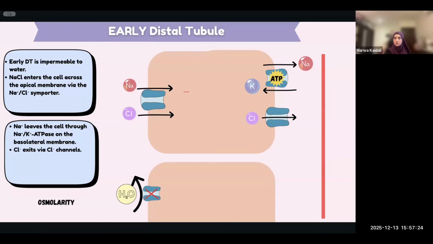Low solute basically means low osmolarity. High solutes basically means high osmolarity. Okay? And when we have more water present in the tubular fluid, it's going to dilute those solutes, so we're going to have a low osmolarity. Does that make sense? Okay.